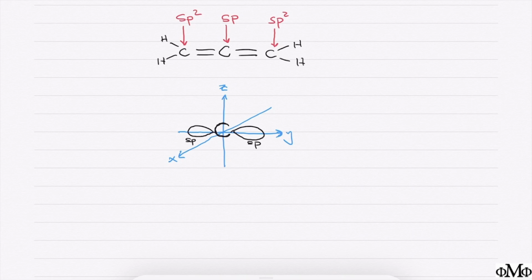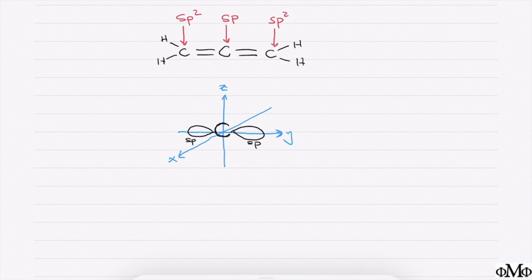But we also will have some unhybridized p orbitals in an sp hybridization state. And if you remember from class, how many unhybridized p orbitals will we have in an sp hybridization state of an atom? 2. Exactly. And where would they be? If we put the sp orbitals on the y-axis, where would the p orbitals be? On the x-axis and the z-axis.